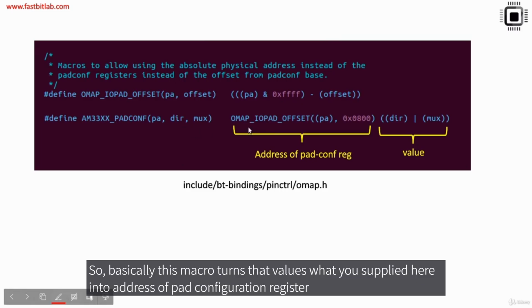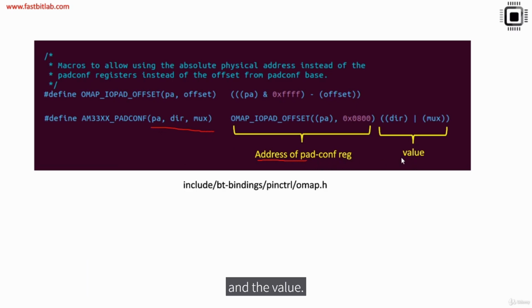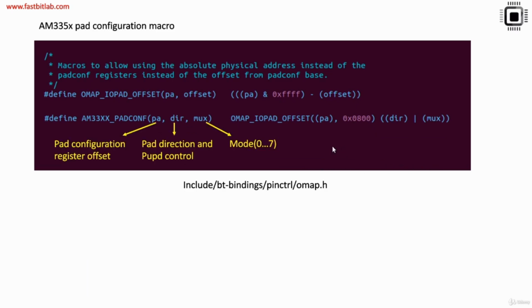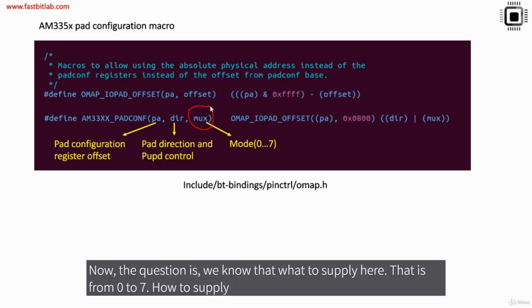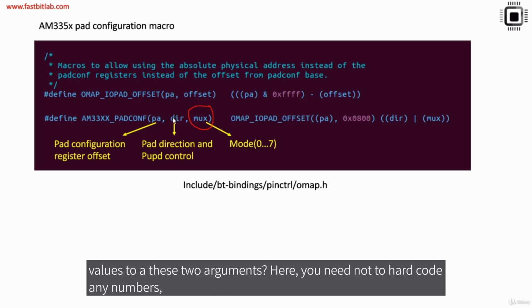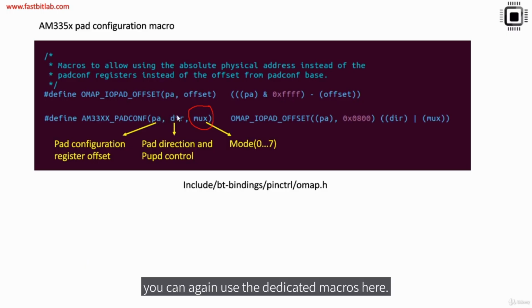So basically this macro turns the values you supplied here into the address of the pad configuration register and the value. Now the question is, we know what to supply here, that is from 0 to 7. How to supply values to these 2 arguments? Here you need not hard code any numbers. You can again use the dedicated macros here.